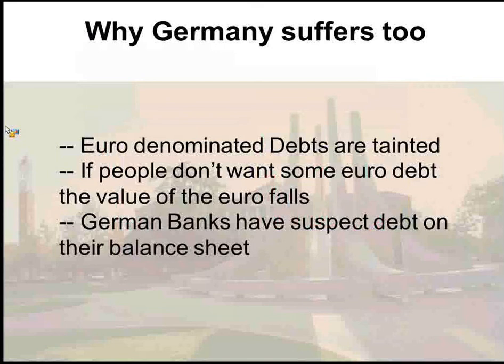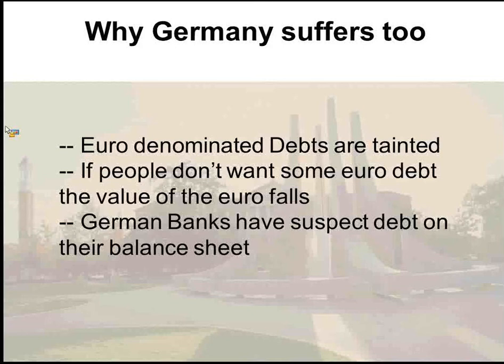Anytime you invest in an international asset, you have two risks. You have the risk of whether or not the asset itself is going to perform, and then you have the exchange rate risk. I don't think people think that there's a risk that Germany's not going to be able to pay off its debts, but they are concerned that it's going to pay off its debts in euros, and the value of the euro may fall over time.